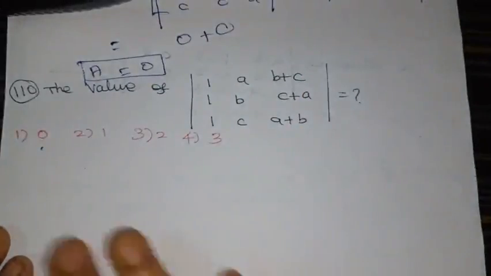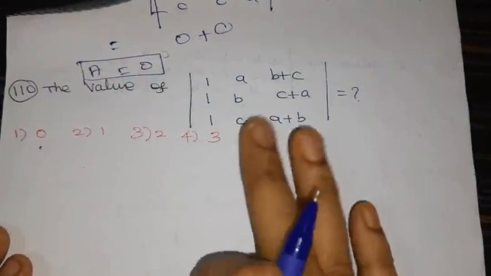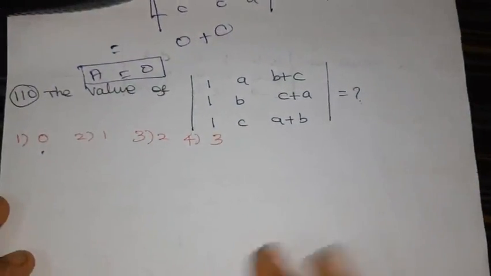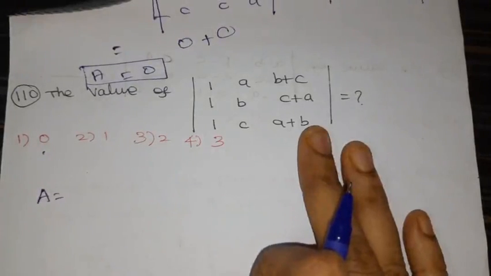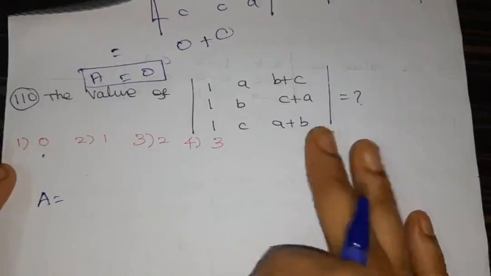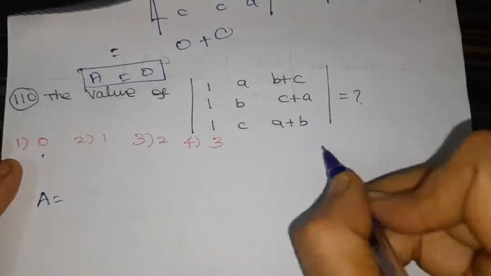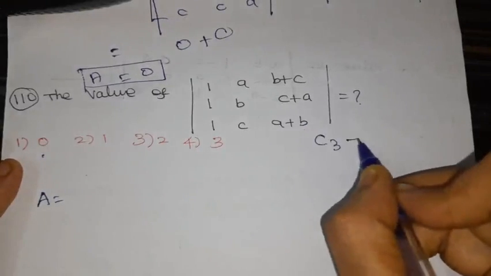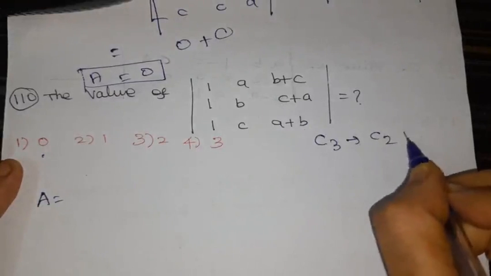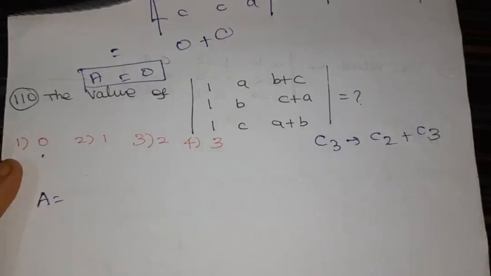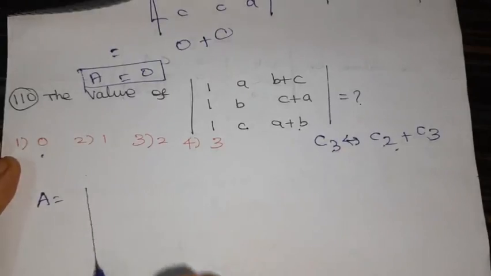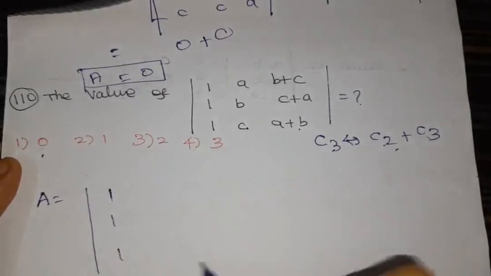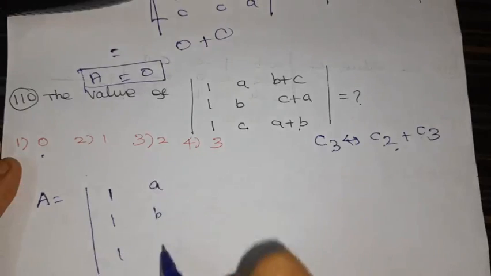Then the next problem: the determinant value of the given matrix. Let's say it is a matrix A. We can do one simplification: replace column 3 with column 2 plus column 3. The remaining columns, C1 and C2, stay the same.